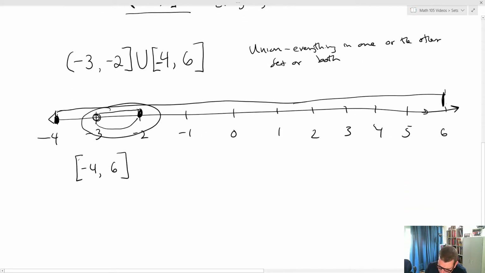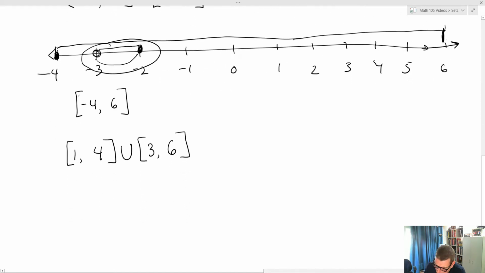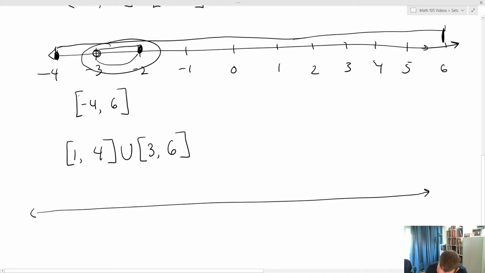Let's take a look at another one. Let's say I've got 1 to 4, and I want to union that now with 3 to 6, and we'll have those be inclusive. I'm going to draw my picture now. I've got 1, 2, 3, 4, 5, 6, 7, and so on.